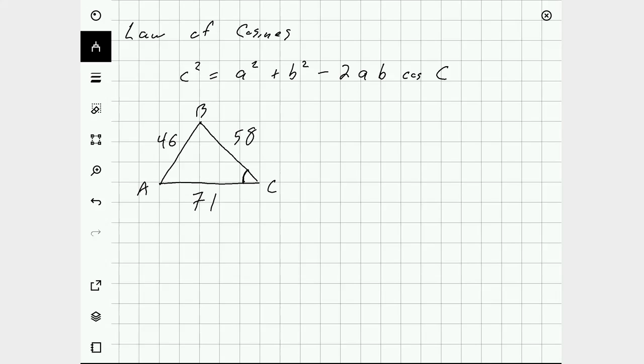So I fill in all the information. C is 46. A is 58. B is 71. And I don't know what C is.